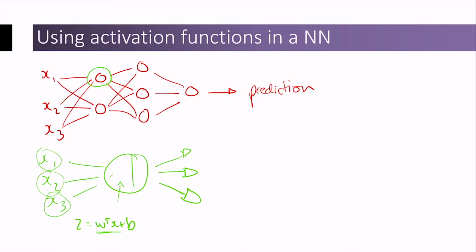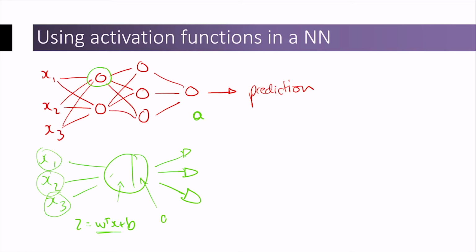And then you would have to create an activation, so what you send to the next layer. And this is where I got the variable name A. It means activation. And just for this example, let's use the ReLU value.